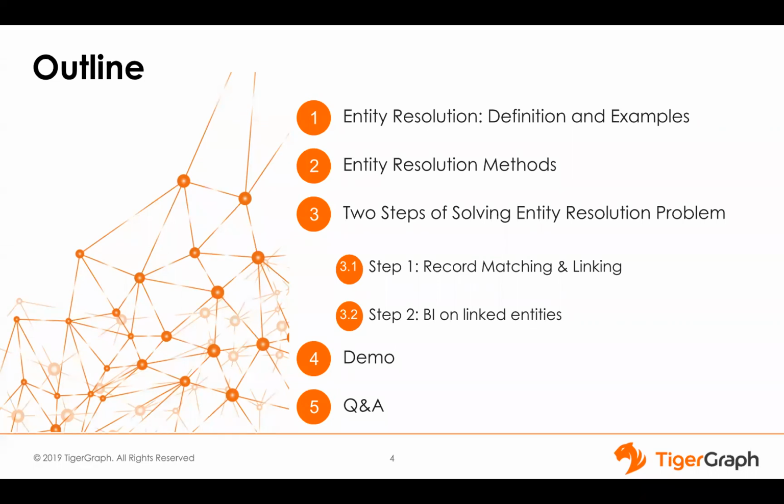Then we're going to focus in on what are the steps involved if you want to do entity resolution. And we're finding the same pattern occurs over and over again. It's really not unexpected, although some of the detail can get a little bit complicated, but it's worth it. So we'll go through that. But the point here is there are two steps. First of all, record matching and linking is the key point of entity resolution.